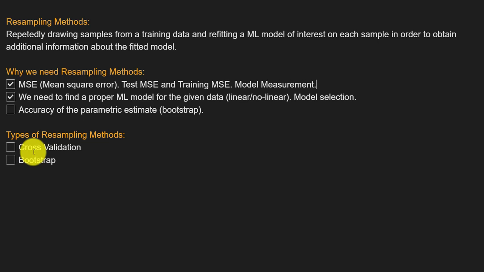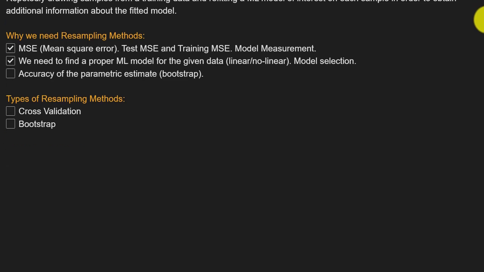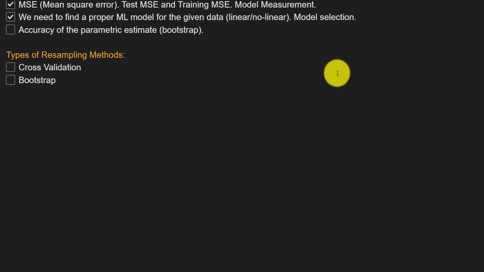In the next video we will talk about the basic concept behind the bootstrap. To start with, let us see what cross validation is and what the different kinds of cross validation methods available in statistical learning are.